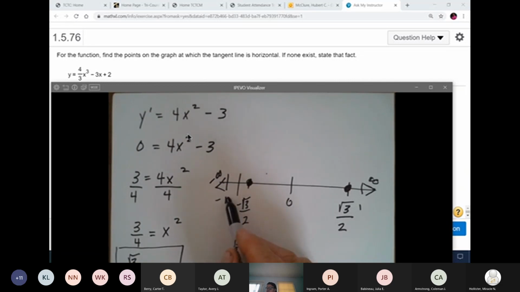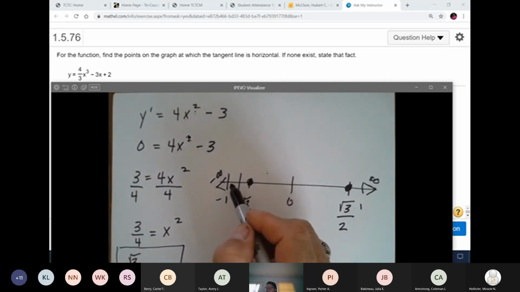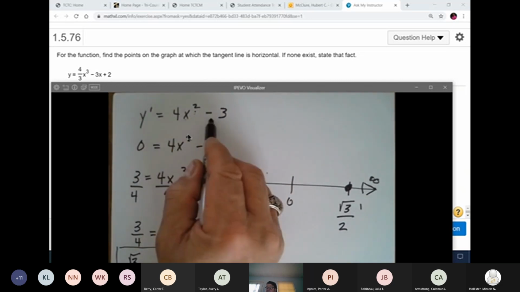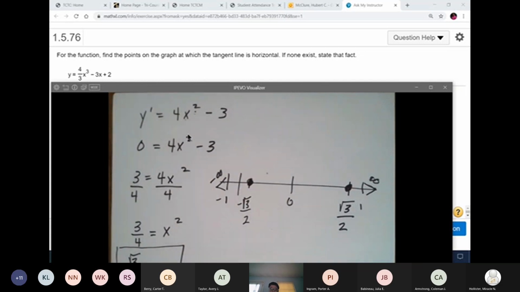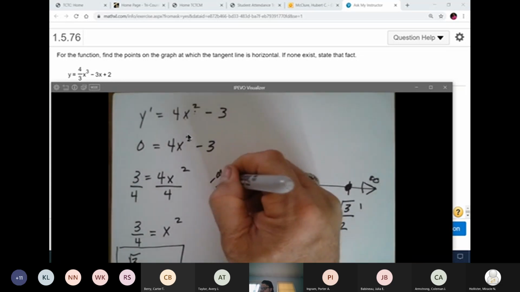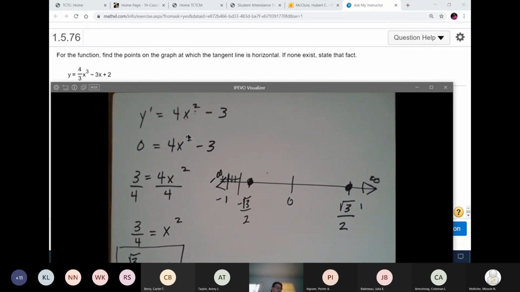Well, negative 1 raised to the second power, that's going to be a positive 1. And 4 minus 3 is what? A positive number. So positive means that the function is doing what? It's increasing on the negative 1 side.